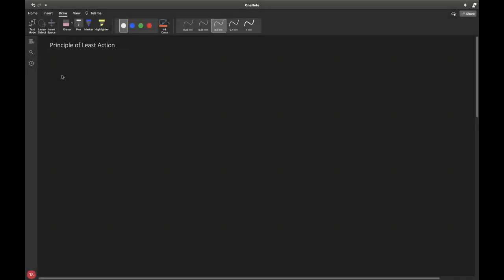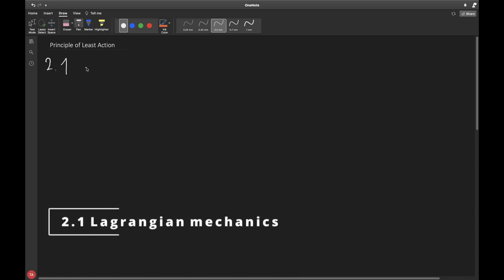The principle of least action is one of the most important principles in physics. It governs the world from the fundamental up to the whole universe, cosmology. So the first thing to discuss here is what is called Lagrangian mechanics.